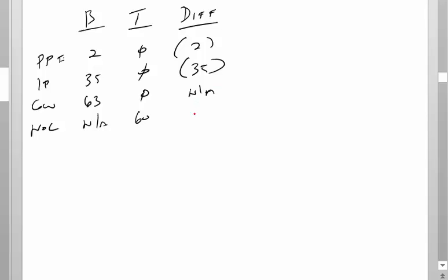And I have an NOL of 60, which is going to create a deductible temp. So the net of those is 23 times 40% is going to be 9.2. Okay? So I would book a 9.2 deferred tax asset.